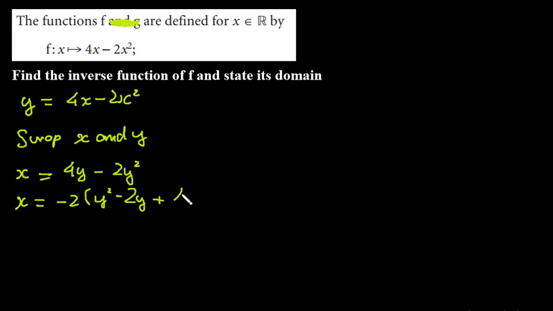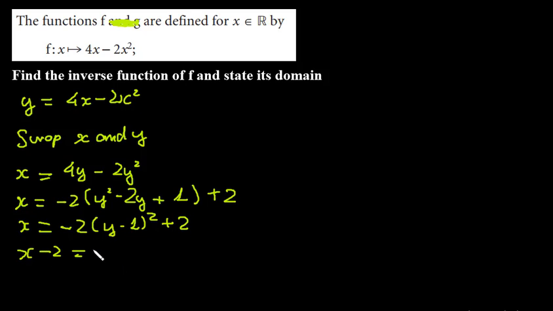So x equals minus 2y squared plus 4y, which is minus 2 multiplied by (y squared minus 2y). I add 1 here to complete the square, because minus 2 multiplied by 1 is minus 2, so we need to add 2 here because there is no constant term. So we have x equals minus 2 (y minus 1) squared plus 2. So x minus 2 equals minus 2 multiplied by (y minus 1) squared. So (x minus 2) over minus 2 equals (y minus 1) squared.